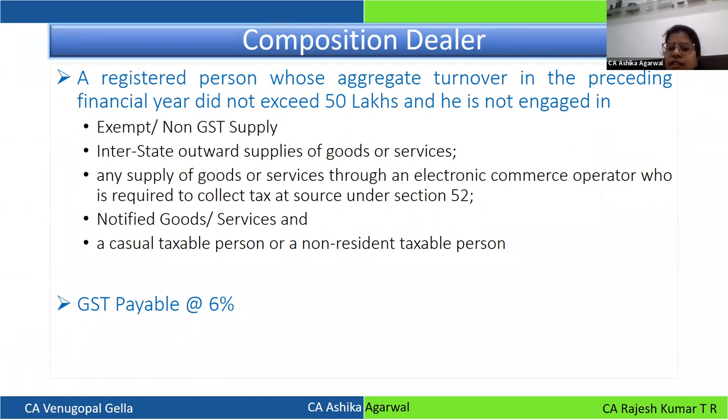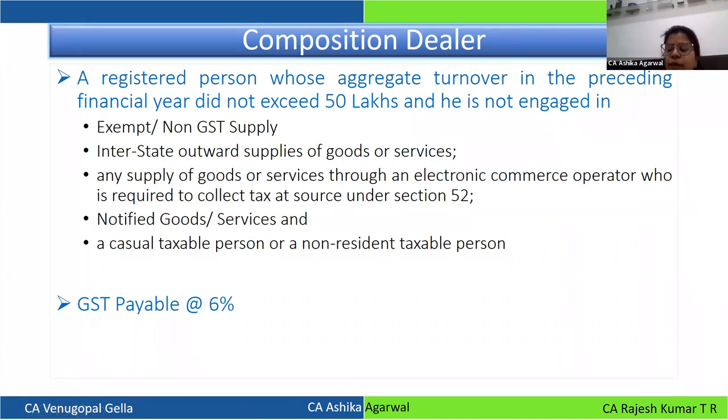But the composition scheme for a registered person service provider is eligible only when the turnover does not exceed 50 lakh. Further, he should not be engaged in any exempt non-GST supply, interstate outward supply of goods or service, any supply of goods or service through an e-commerce operator, or notified goods or services. As of now, they have notified a few goods or services, but a pure labor contract is not covered in it.